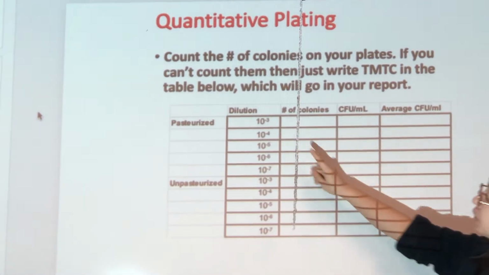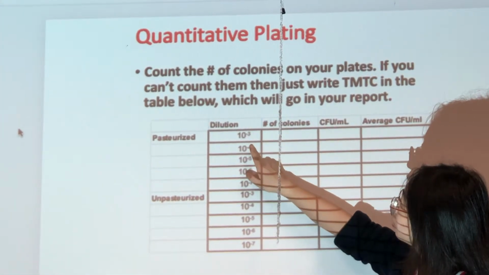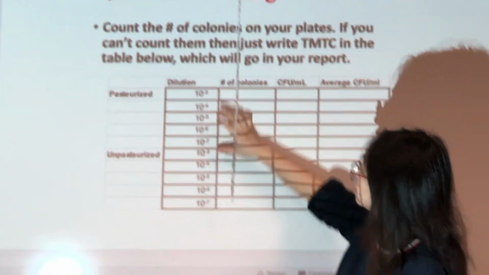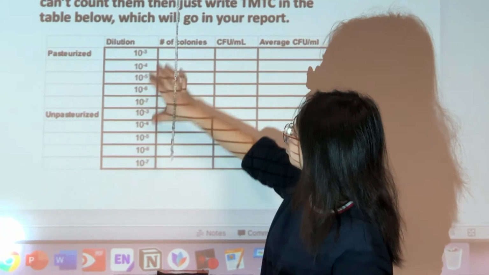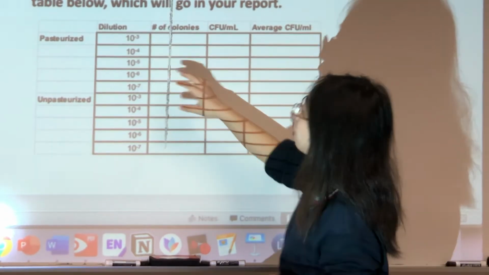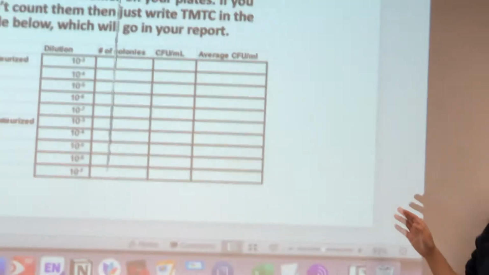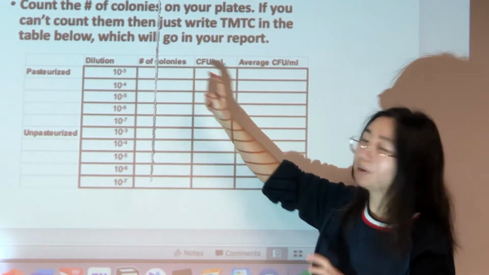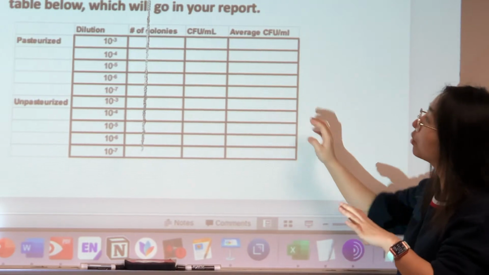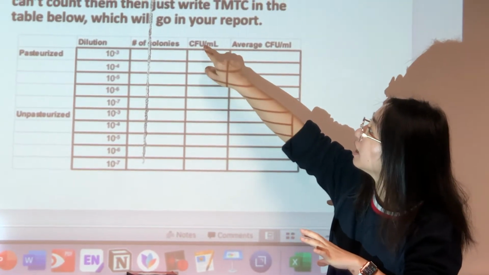We do the serial dilution, 10 to the minus 3, 4, 5, 6, 7, on these two different sets of milk samples, and then later we are going to count the number of colonies. After we count the number of colonies, we are going to calculate CFU per ml.